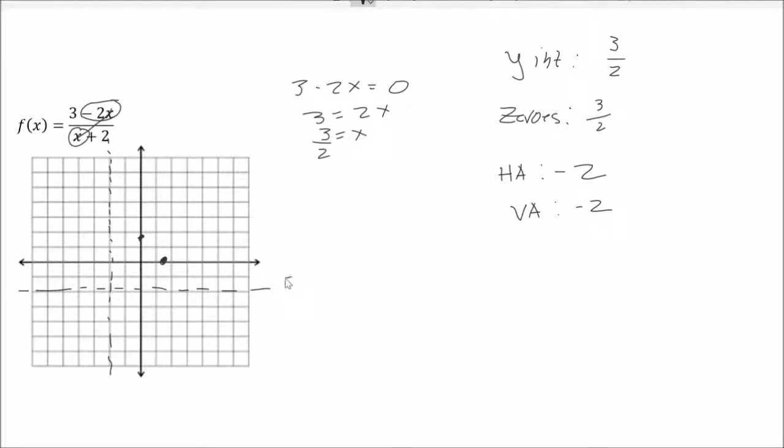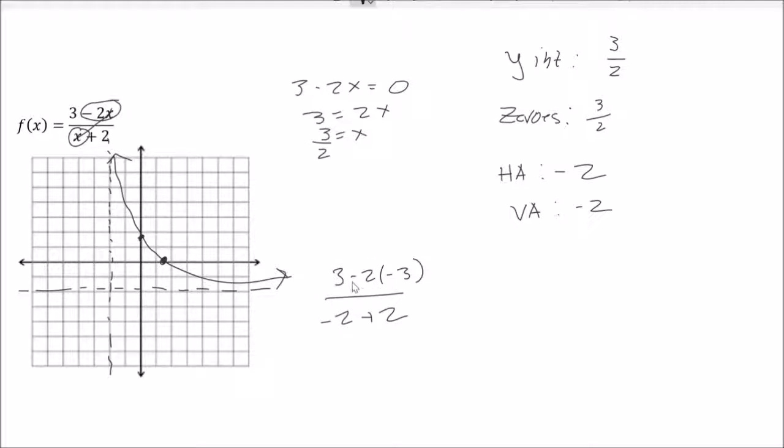All right, let's sketch. Okay, this part on the right's pretty easy. Hit the points, hug the asymptote, and then we got to deal with what happens over here. So I think I'm just going to pick a negative number like -3. So 3 minus 2 times -3 over -3 plus 2. And let's see what we get.